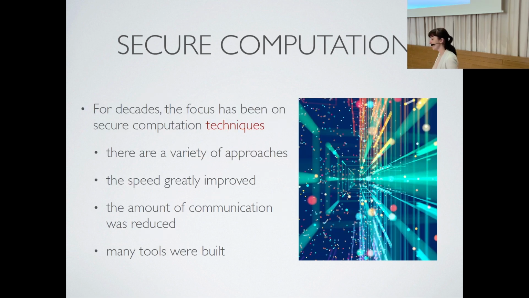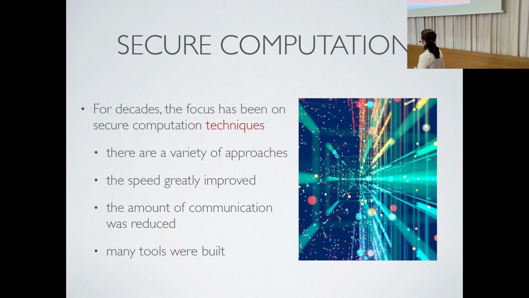In general, there's been a lot of focus on how we do this, on the techniques themselves, which is well justified. We want these techniques to be as fast as we can. We looked at different security models to make sure that the security guarantees are strong. Over the many years, about four decades, the advancements were significant.